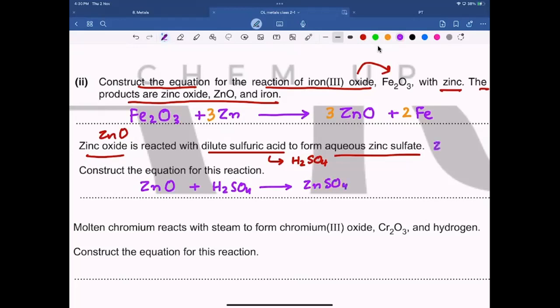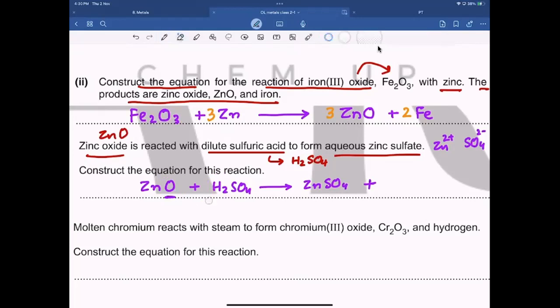ZnSO4. Why is it ZnSO4? Because zinc has 2 positive charge and sulfate has 2 negative charge. So we just join them. Okay. So is there anything which is present on the reactant side? We didn't mention over here hydrogen and this oxygen as well. So there are how many hydrogens? And how many oxygen?